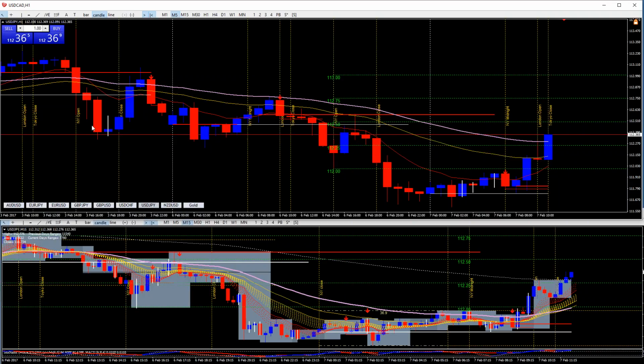This is a pretty big level. It was hit 1, 2 times it came down to it, 3, 4, 5, come back down to it, 6, come up to it, 7, 8, 9 times in the last 24, 27 hours. So it's telling you something.